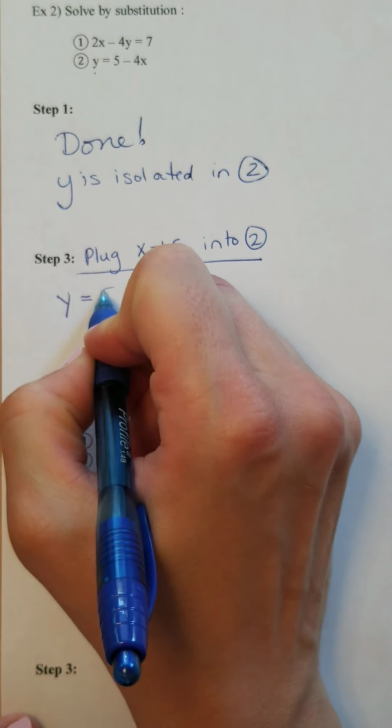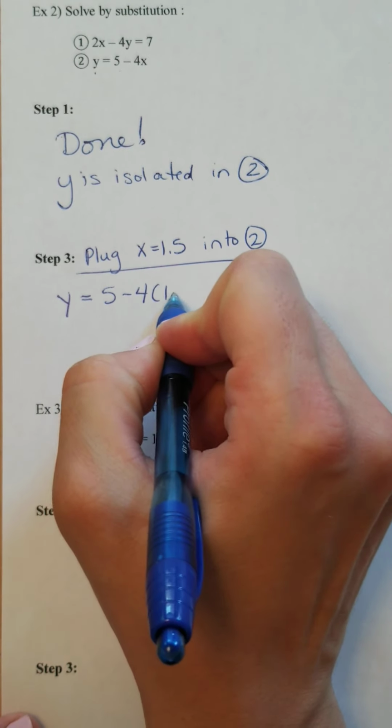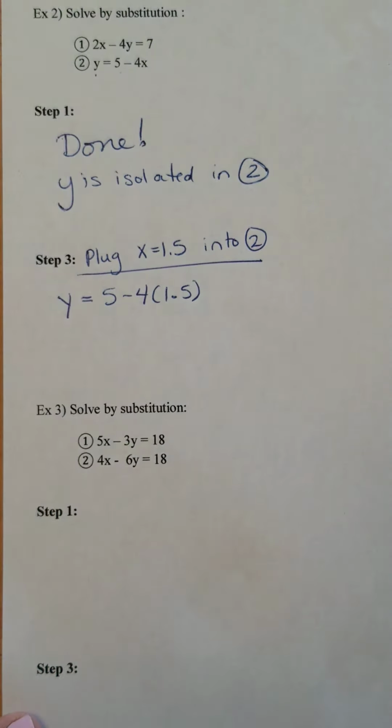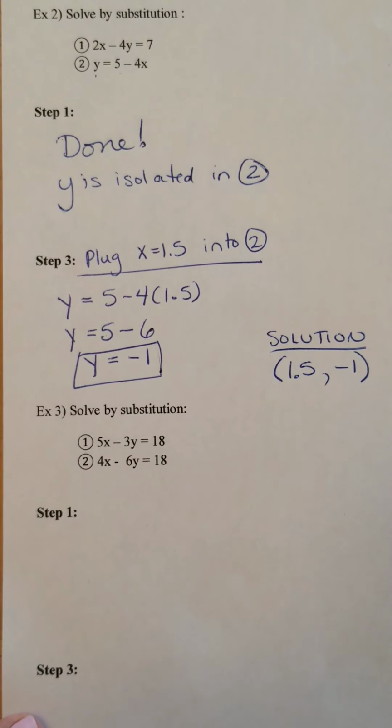Y equals 5 minus 4x, but I know x is actually 1.5. So y equals 5 minus, well, 4 times 1.5 is 6. And then 5 minus 6 is negative 1. So there you go. That was pretty simple. So my solution, if I put it in a point coordinate form, my x value is 1.5 and my y value is negative 1.